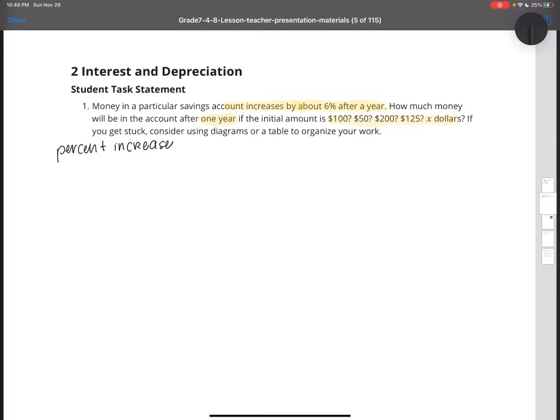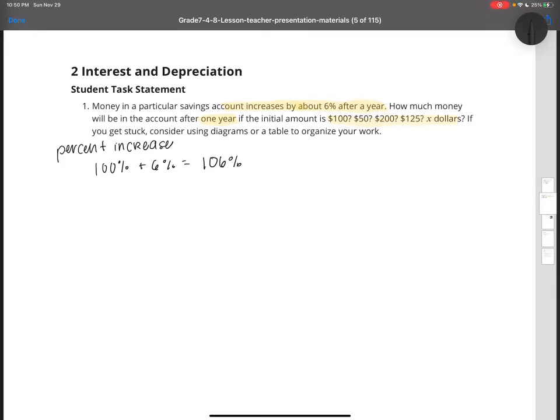All right. So after 1 year, it was increased by 6%. Now remember, the original amount of anything is 100%. So we're going to be adding that 6% to 100% in order to get a total of 106%. Now, just like what I told you guys in a previous lesson, percents represent a portion of something.